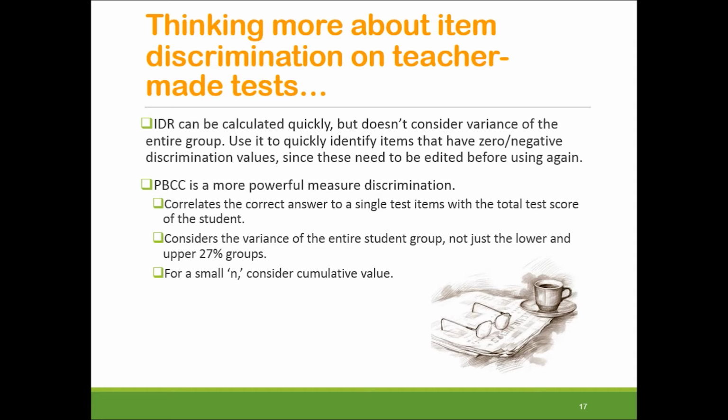So a cumulative PBCC for a question based on student responses across several cohorts will be more powerful. You get a bigger sample size that way, and you'll probably get a better idea of how the question is performing.